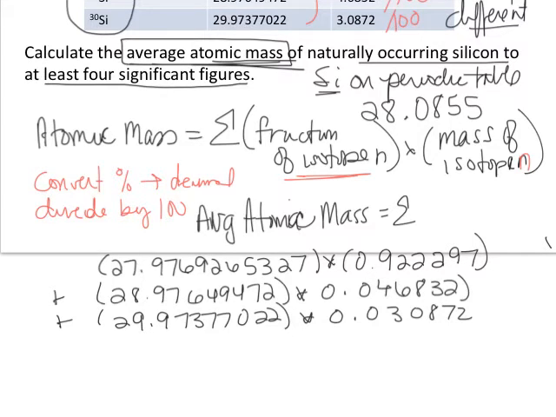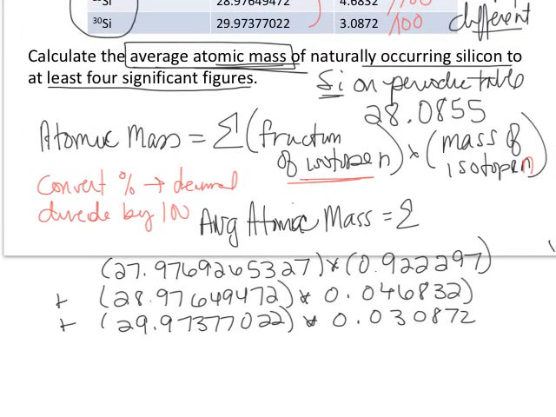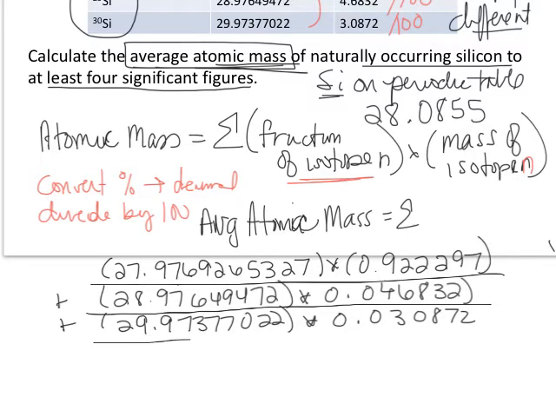Now, when you type that in your calculator, a lot of times what I do when I'm taking an exam, I'll write the first answer down on my scrap paper because I don't want to make a mistake, and then I do the same thing for the others.